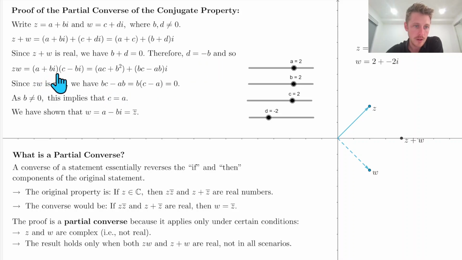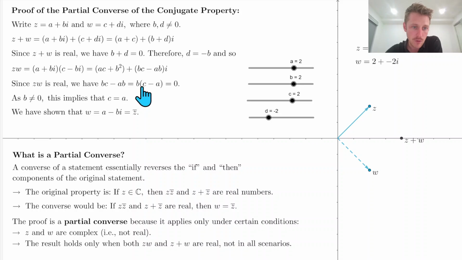So it's a plus bi multiplied by c minus bi. Multiplying these together by expanding, you'll get this. But we know that zw is also real. So we have that bc minus ab must equal 0 because the imaginary part goes away.